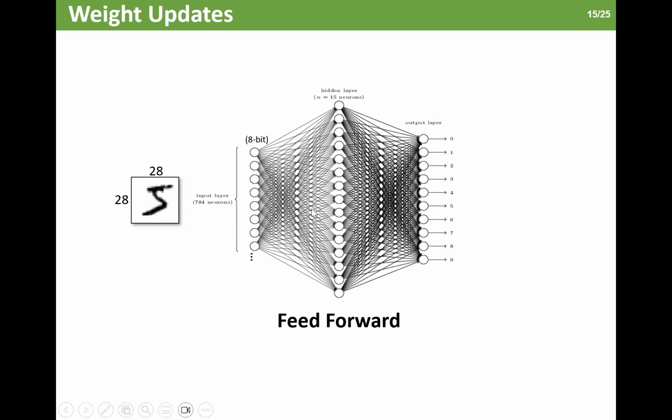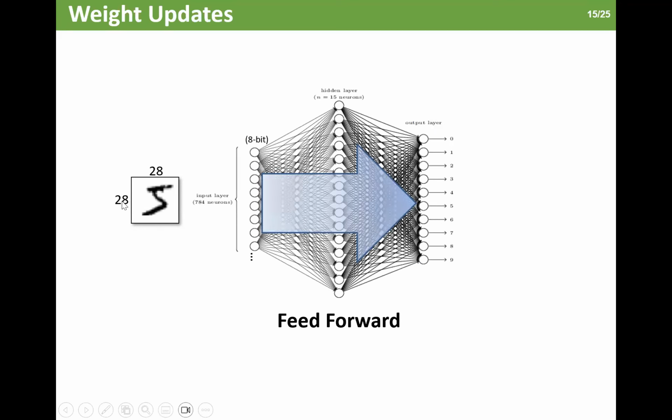Okay, so feed forward means that you take each pixel value, and you see this column here. It only shows a few neurons, but this actually has 784. So this column is actually very tall. It won't fit on the screen.